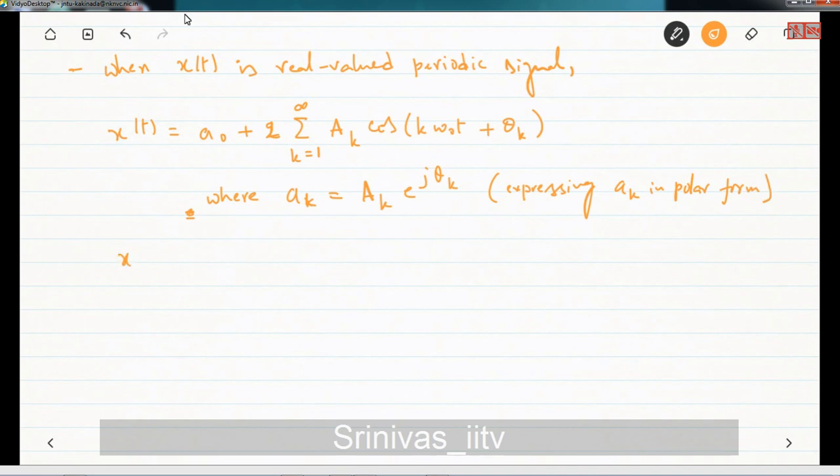Or there is another representation. It can be written as a naught plus 2 into summation k equal to 1 to infinity some b k cos k omega naught t minus c k sin k omega naught t.